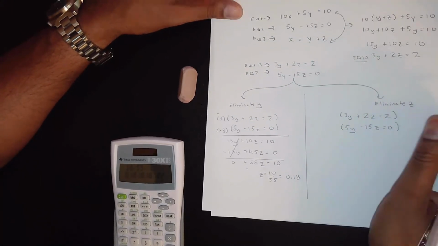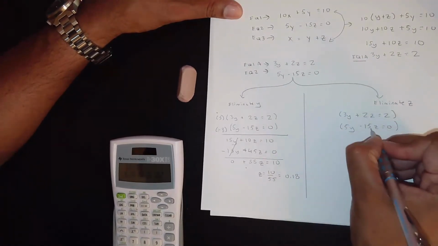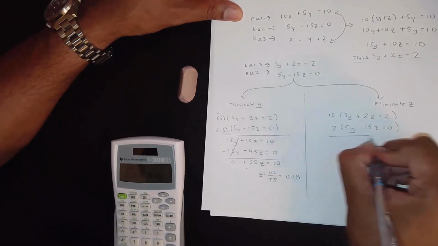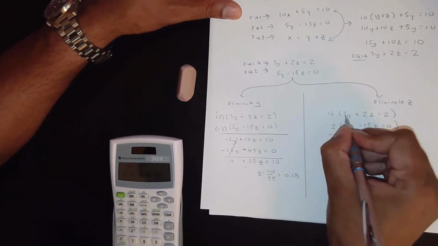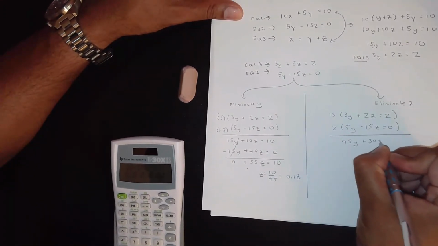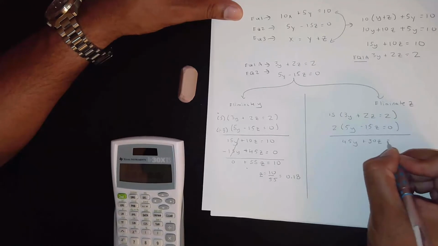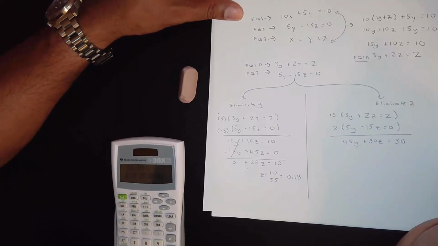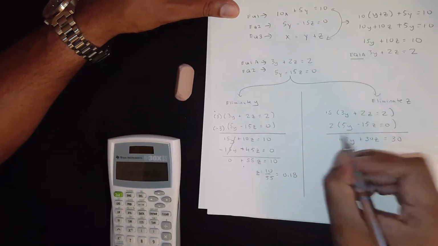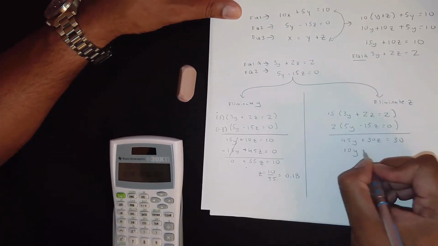How do I eliminate z? Well, I simply multiply the coefficients. 15 is here, 2 goes out here. That gives me what? 15 times 3 is 45y. 15 times 2 is 30z. 15 times 2 is equal to 30. Then 2 times 5 is 10y. 2 times 15 is minus 30z.